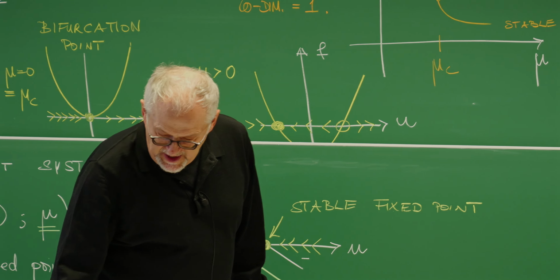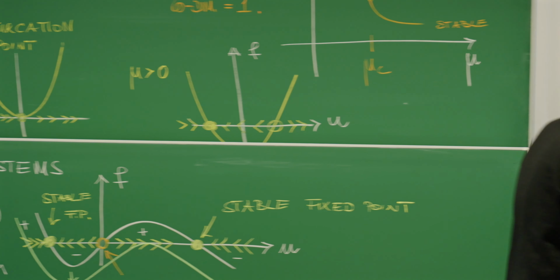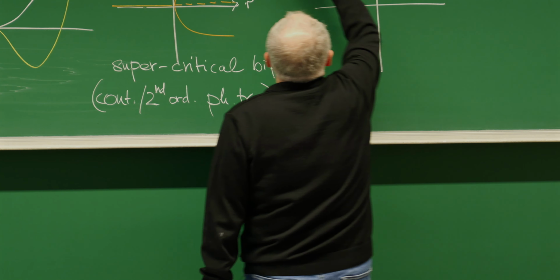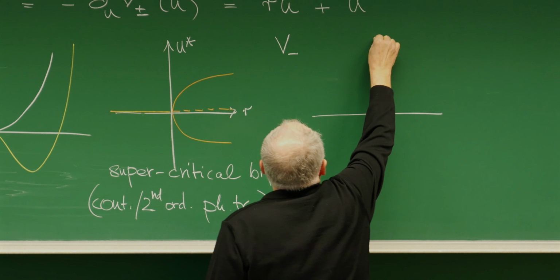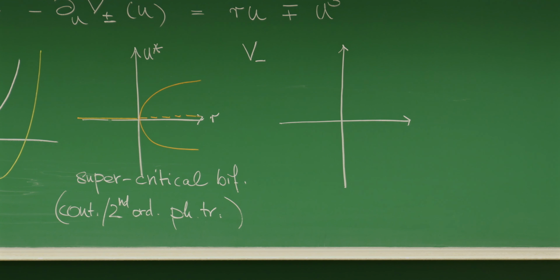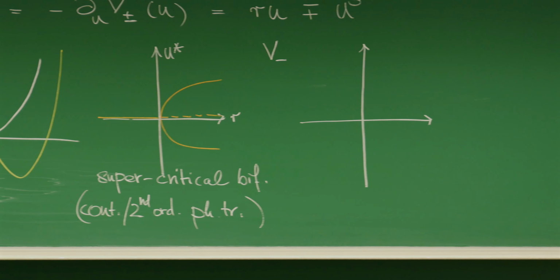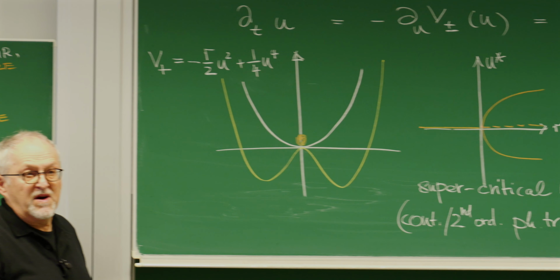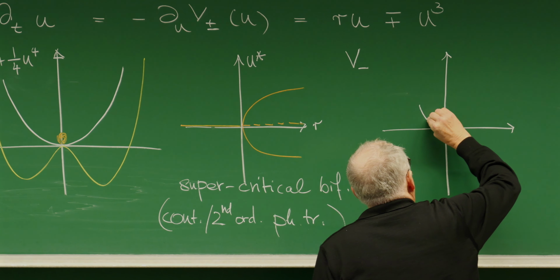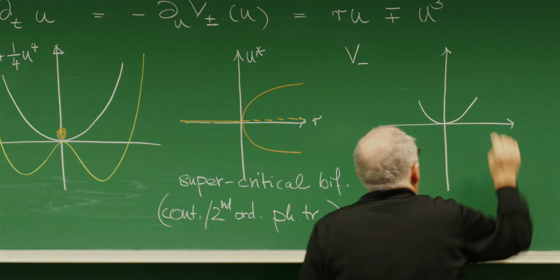Good, let me now do the same kind of analysis for the other function, which is the function V minus. And I guess I don't have to write it out. Now I've changed the sign of the u to the 4th potential, and that has dramatic consequences, right? Because now, when you are at a value of r being negative, you of course still have the parabola opening up to the top, right?